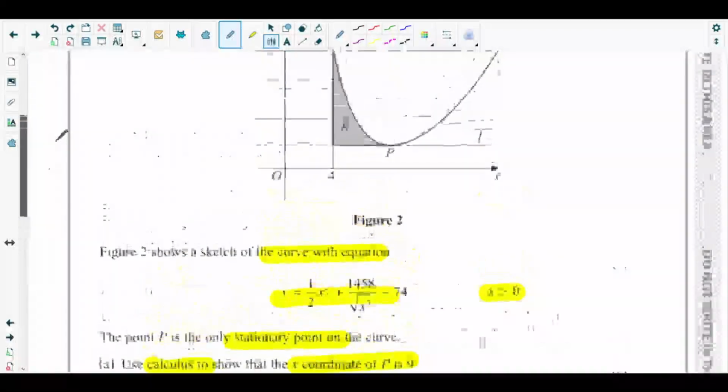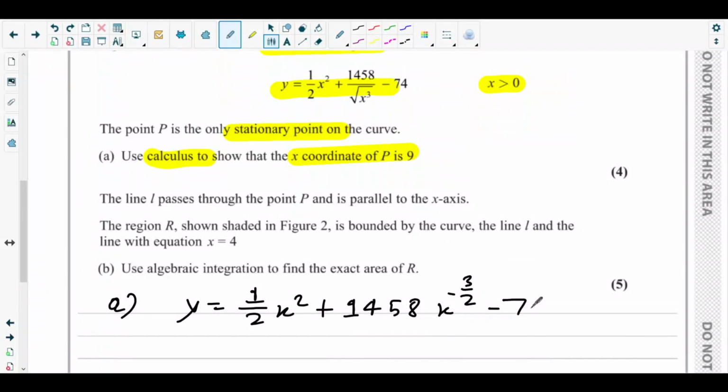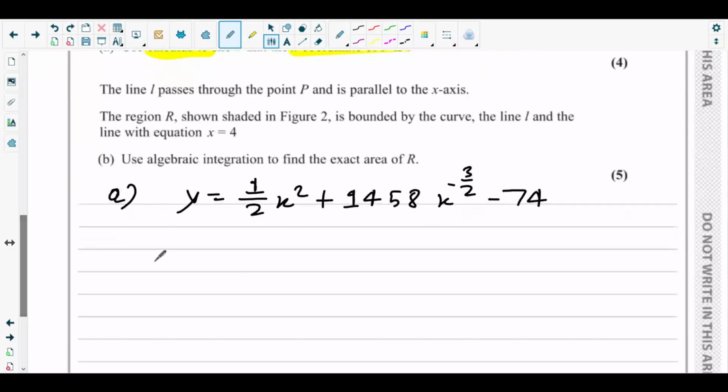So let's start. The equation for y is given as half of x squared plus 1458. Make the power visible, so it will be x to the power negative 3 over 2, minus 74. So dy over dx would be what?